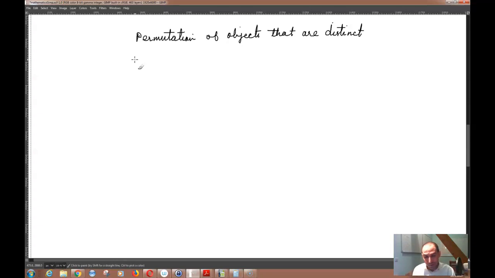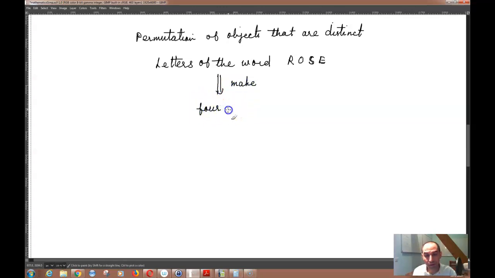So we used the letters of the word rose in order to make, for example, four-letter words.